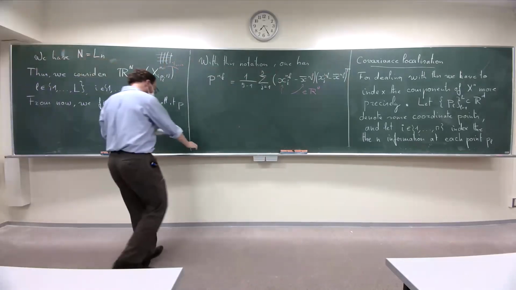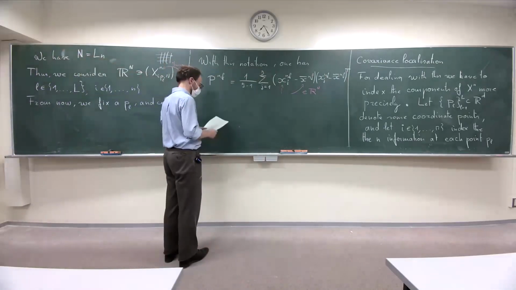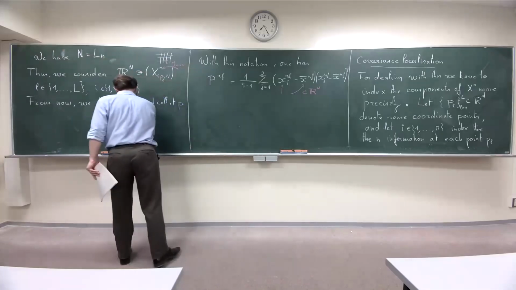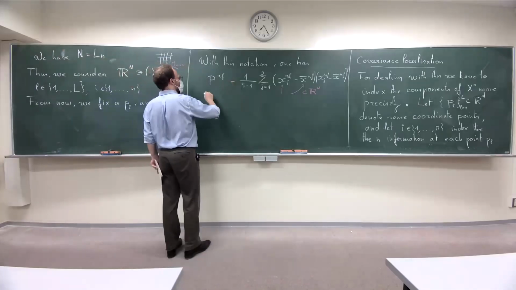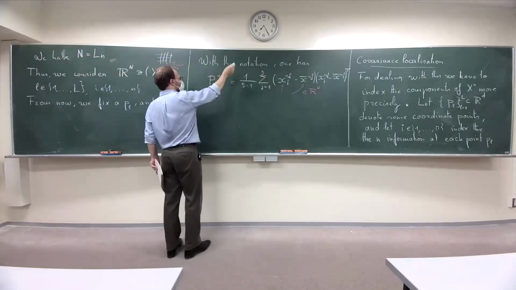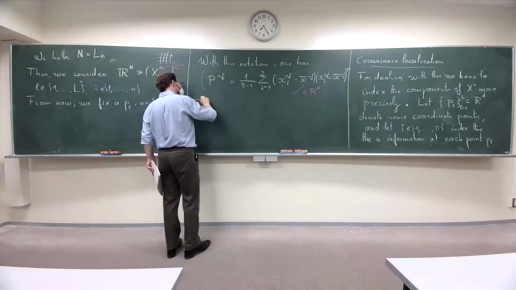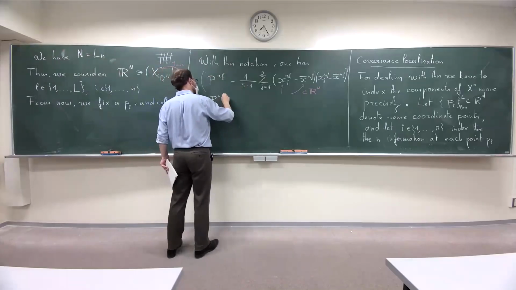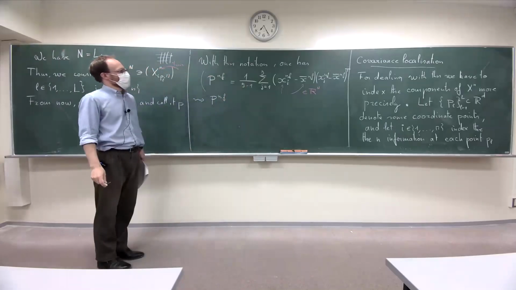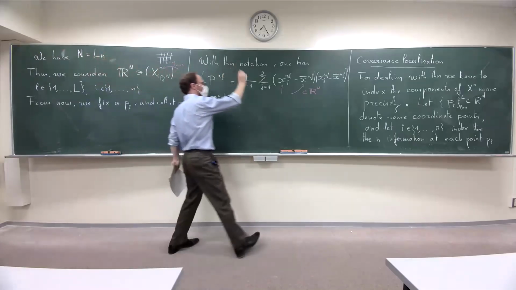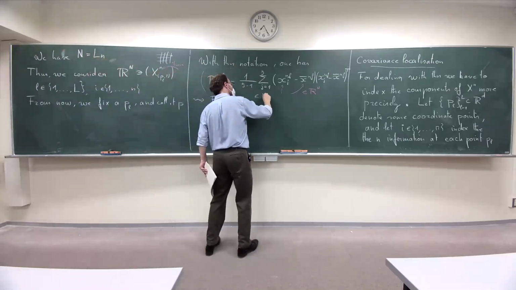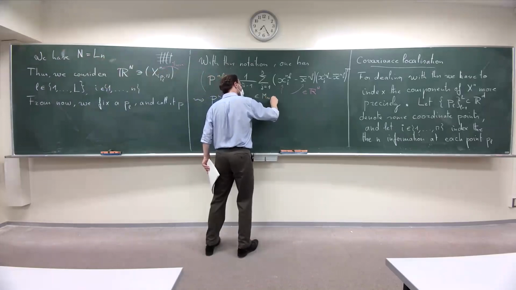So now with this new notation, what should I write? This was before, and now it becomes a product of x_j minus its mean. Observe, this is a matrix, an n times n matrix.